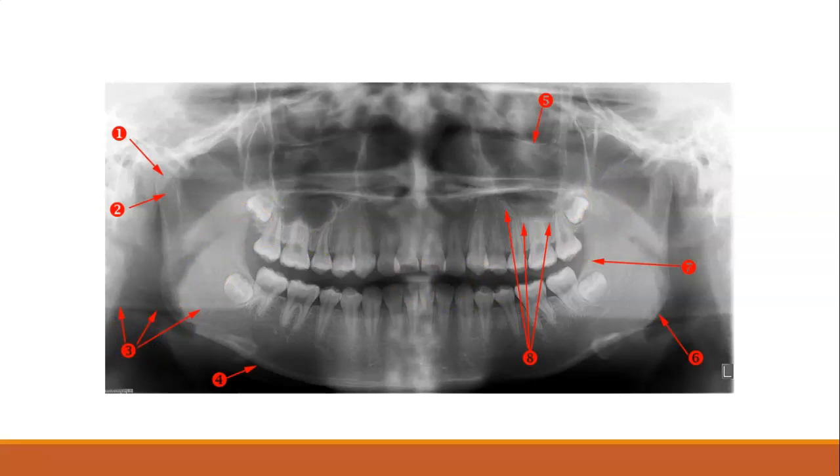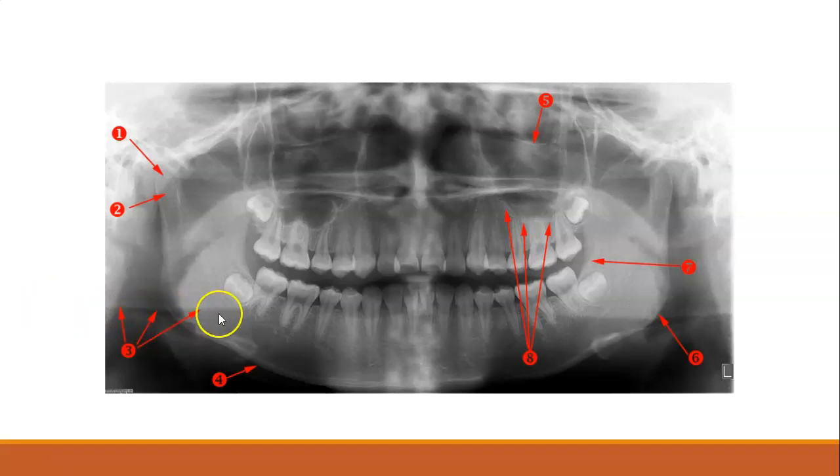The inferior border. This is actually pointing to a ghost image of the inferior border of the mandible. I liked these images because of the clarity, but they're pointing out some things that are anatomical structures and some things that are artifacts.